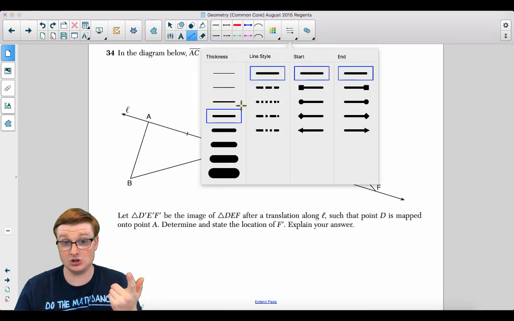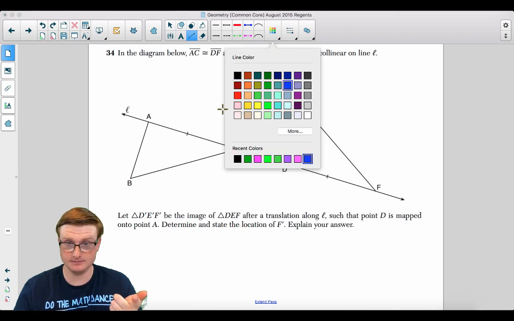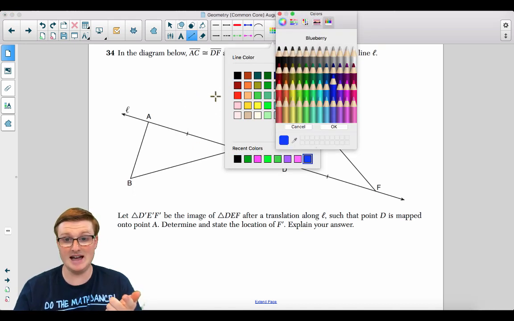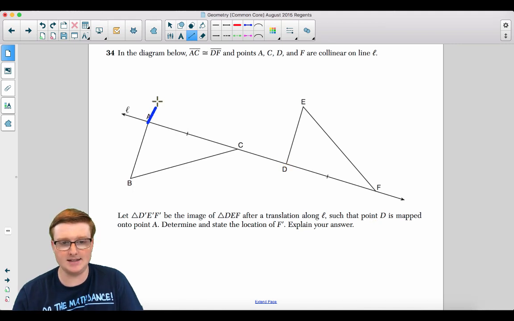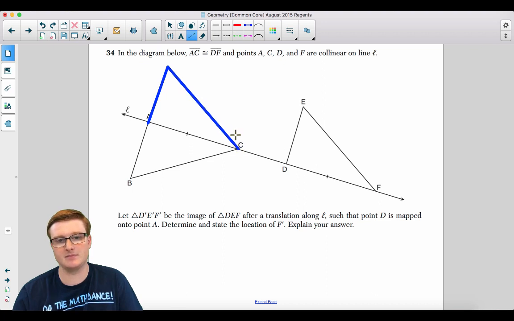And the triangle is triangle DEF. So it's being translated along line L. So it says that, what does it say? Point D is mapped onto point A. Nice. So therefore, we have this triangle right here.